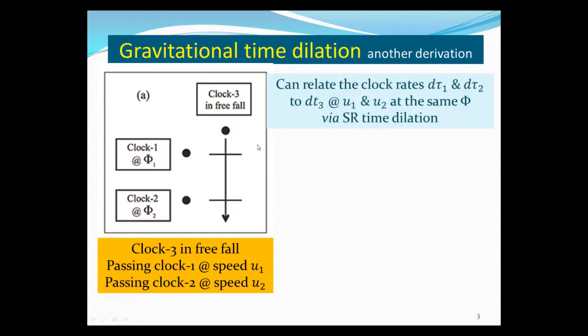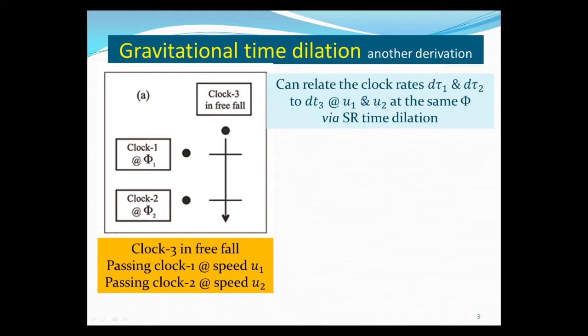And then we can relate the time measured by the third clock, clock 3, with the time measured by clock 1 and clock 2. When comparing clock 1 and clock 3 at this point, they are both at the same gravitational potential point, so there's no gravitational time dilation. In fact, we just use special relativity because they are in relative motion.